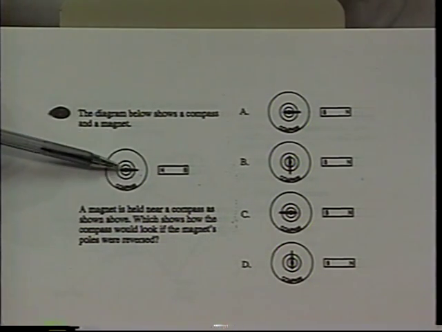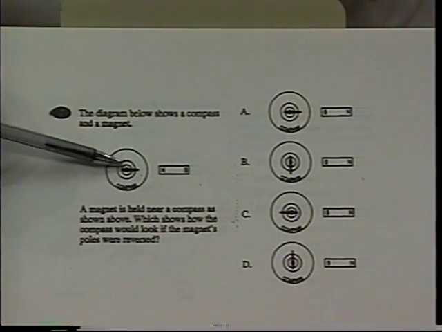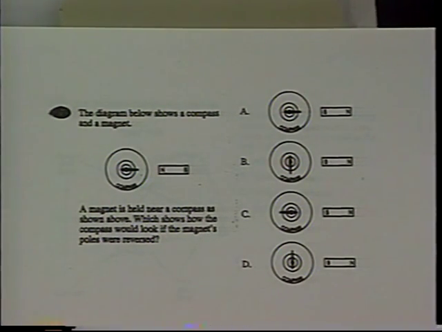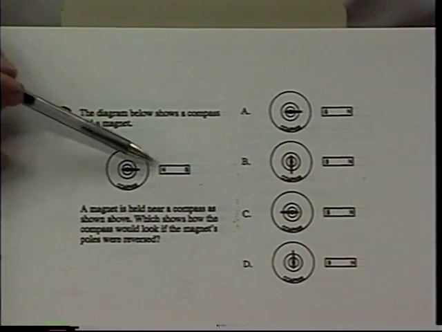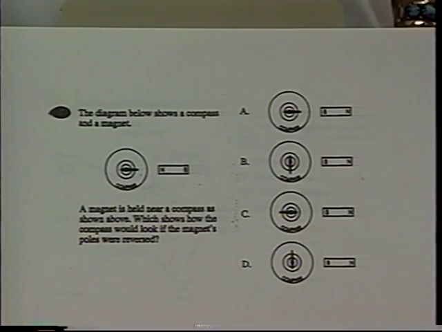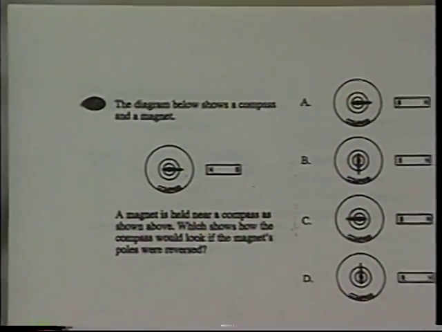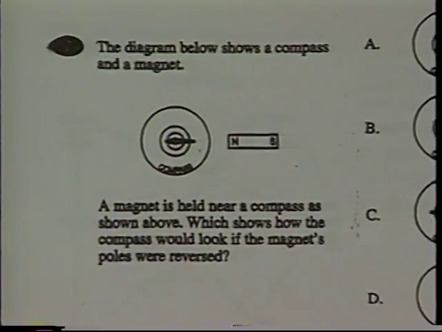But let's take a look and see why it is. This little needle we have on the compass is really a little magnet. And it has the north and the south pole, just like the magnet we're using over here. And what do we know about magnets? Opposite poles attract one another, and like poles are going to repel.